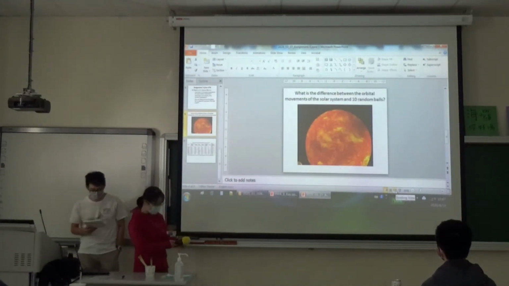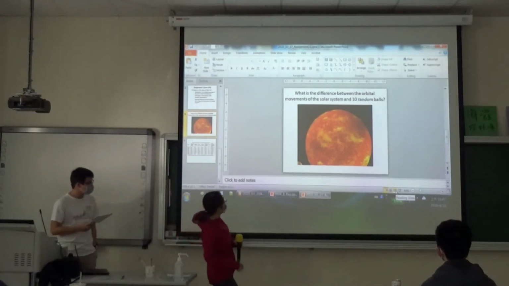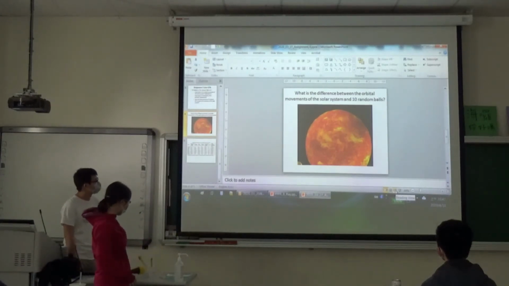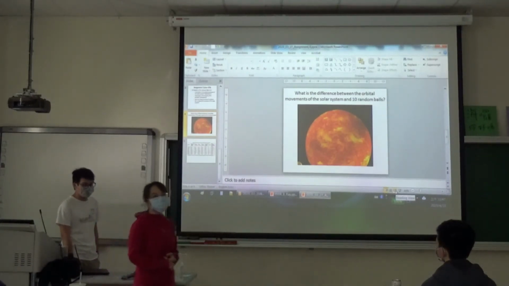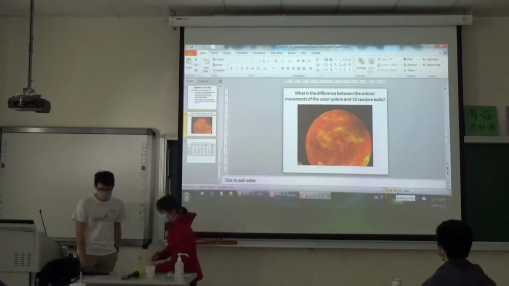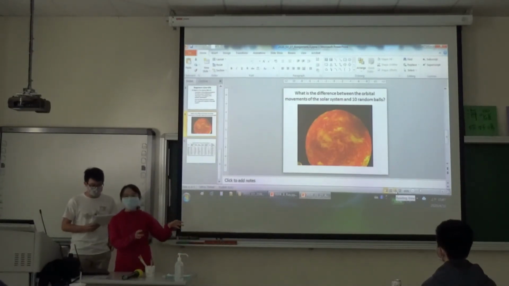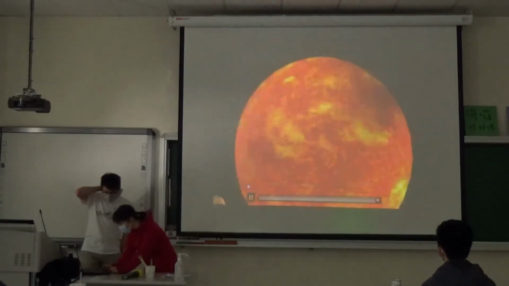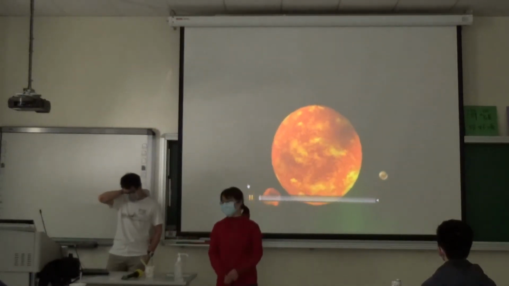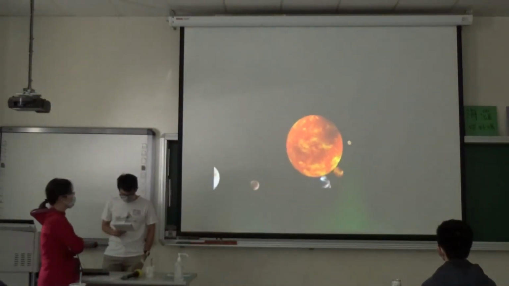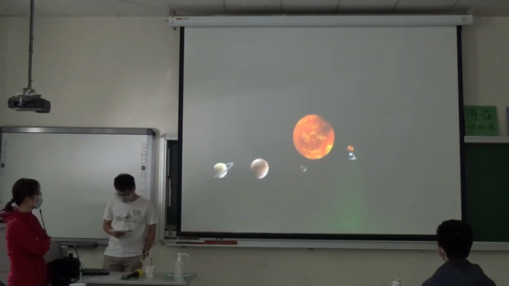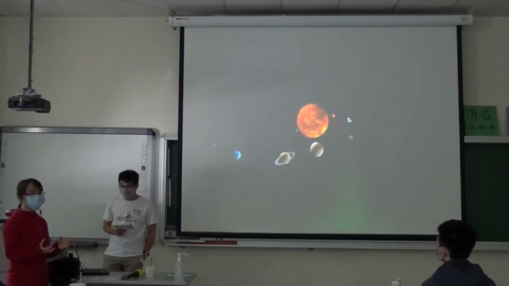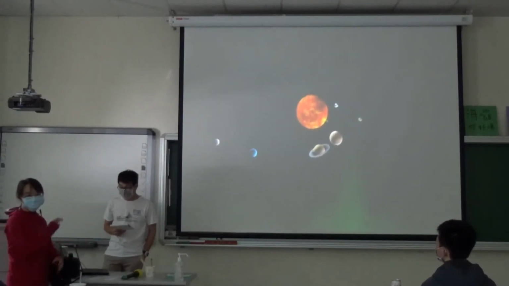So here I asked, what is the difference between the orbital movements of the solar system and 10 random balls? You have to imagine the reference group is 10 random balls. Usually, if you have 10 random balls, they would be scattered like this, right?